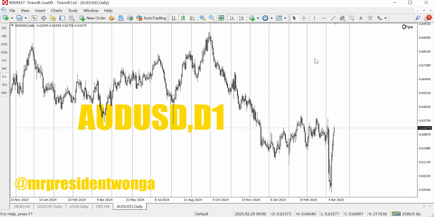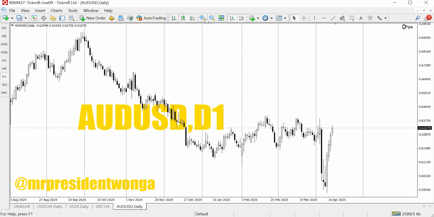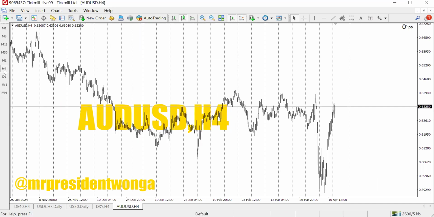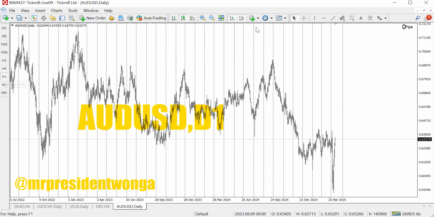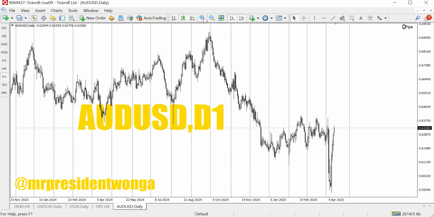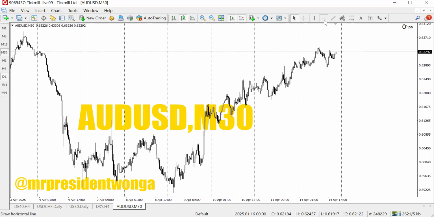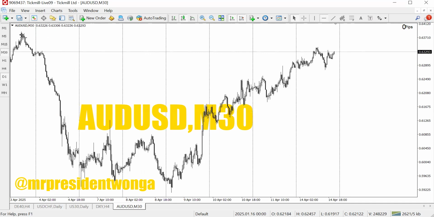For example, if we go here, this is AUDUSD, it has really moved. Let me just go to the daily chart. I just want something that can demonstrate. So, with the Fibonacci, you're gonna mark this high.